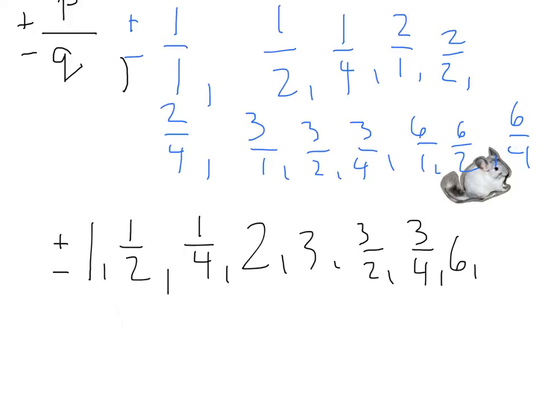So all our possible rational zeros would be listed right here, and we could test these. Now it doesn't mean that they all are zeros, it just means they're possible zeros. So this is going to give us a starting point to finding what our actual zeros are.